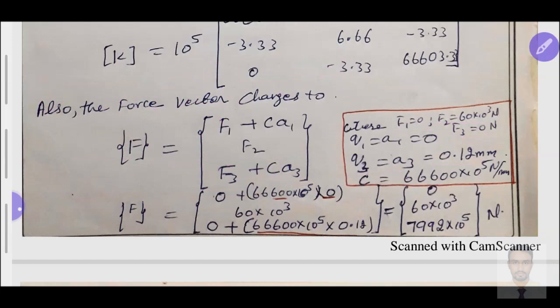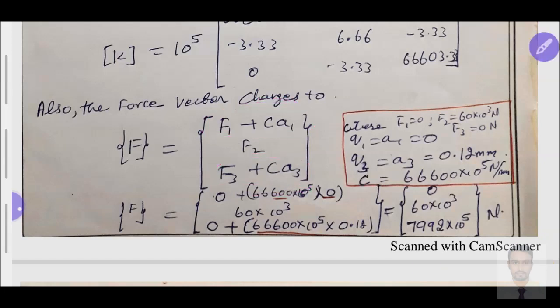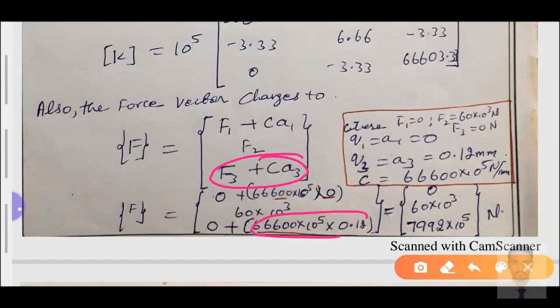In the previous problem all these values were 0, but here a restricted value is given. That is the reason force 3 also changes after applying the boundary condition. For the first force, 0 plus 66600 into 10 to the power of 5 into 0, since A1 is 0 and F is 0, so 0 multiplied with the C value is 0.